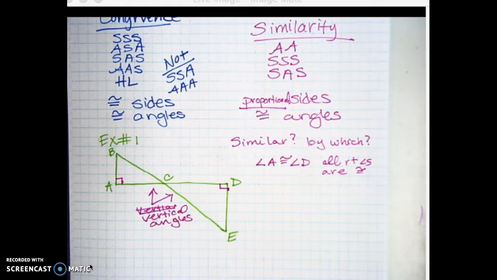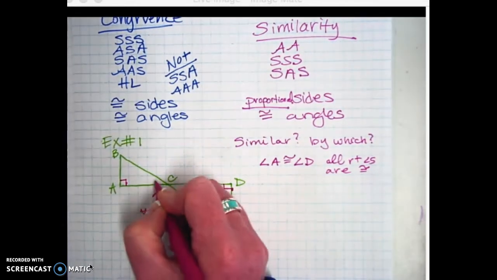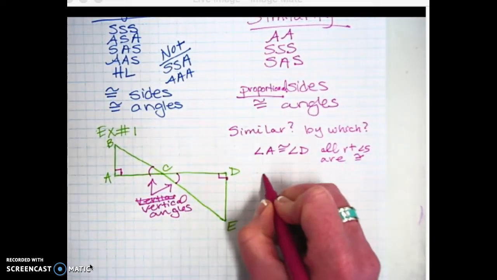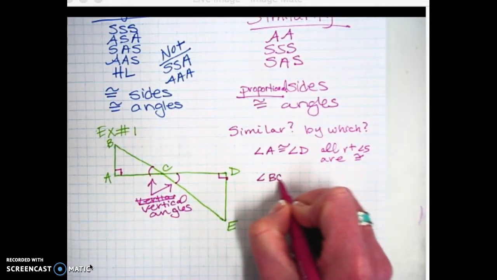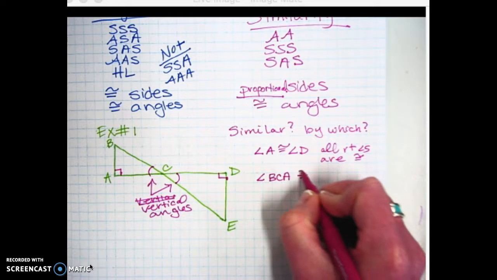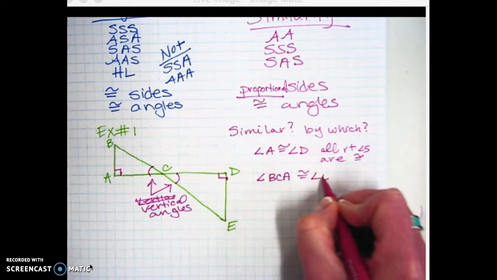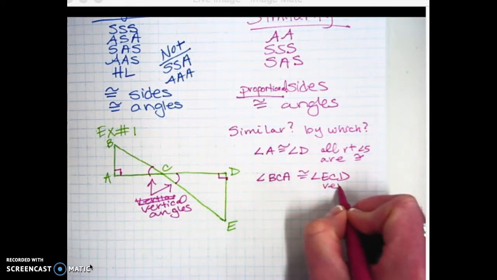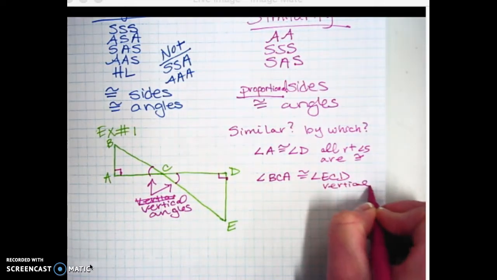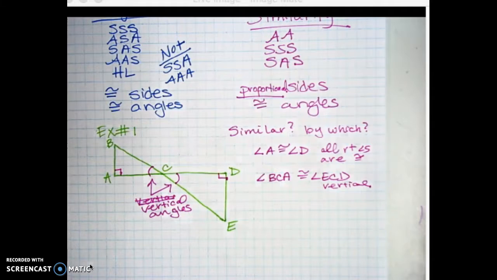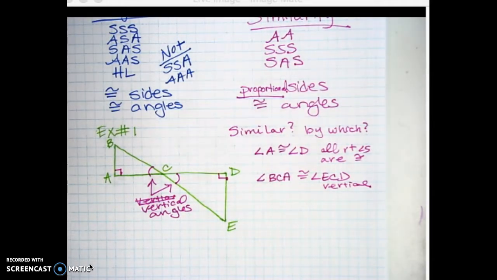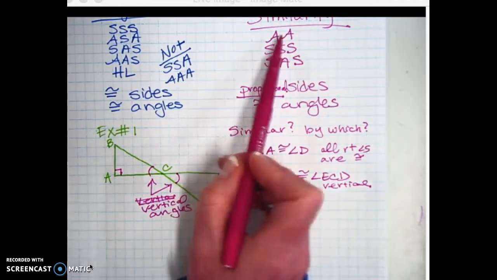And vertical angles are always congruent. So if I mark it with an arc and an arc, I can say that angle BCA is congruent to angle ECD because they're vertical. And so now we have angle, angle. Is that enough to prove similarity? Yes, it is. That's our first one.